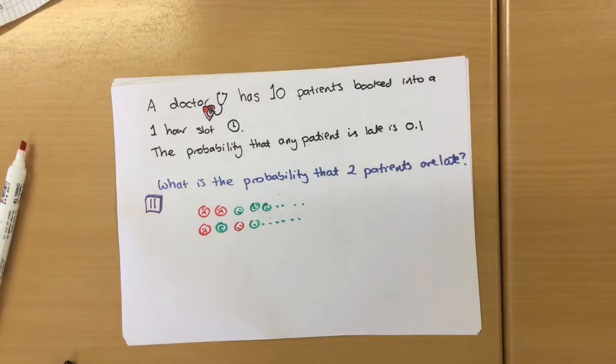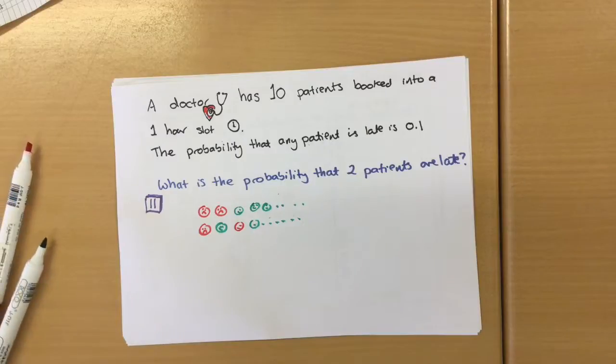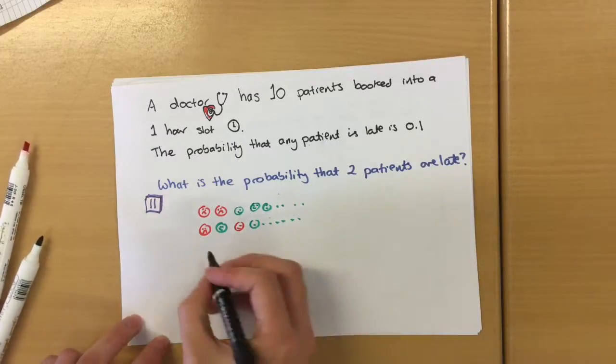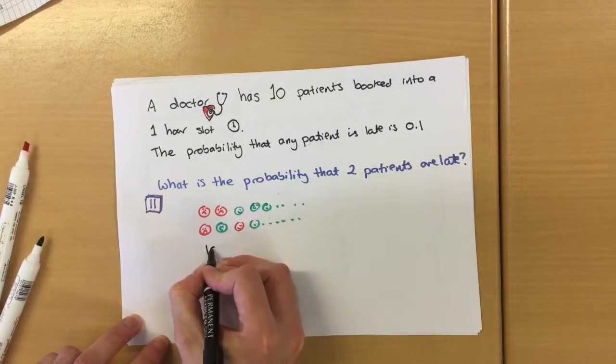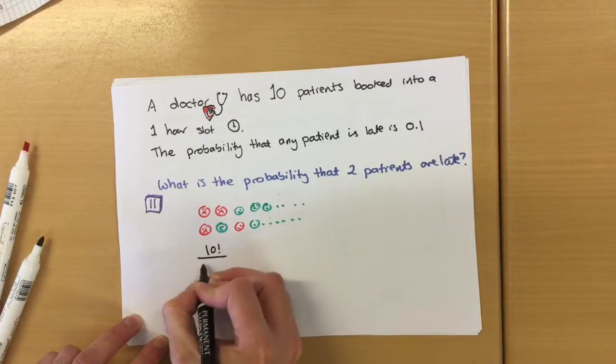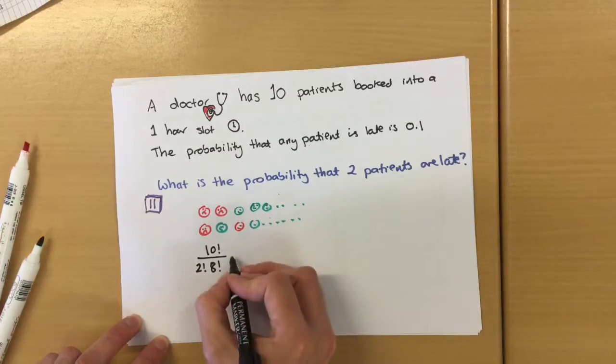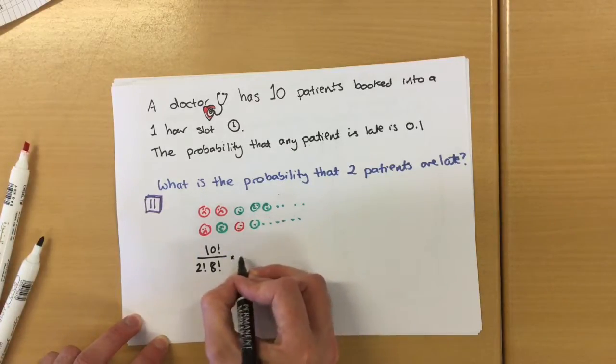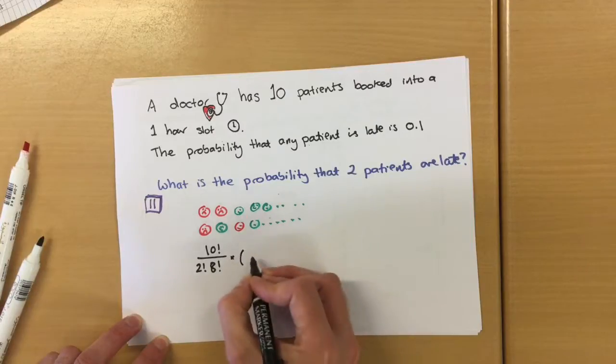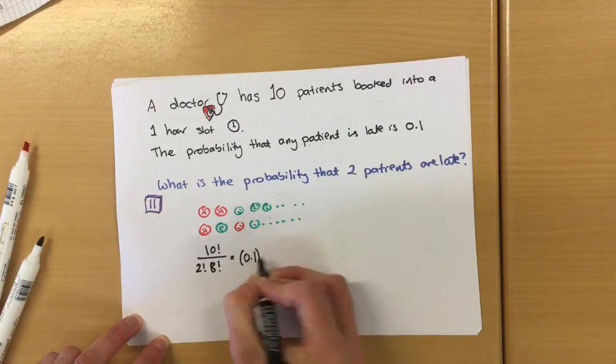Now, from last time, we were saying that the number of combinations is represented by 10 factorial over 2 factorial times 8 factorial, since we've chosen that 2 are going to be late and the rest are on time. Times the probability that they're late, 0.1.